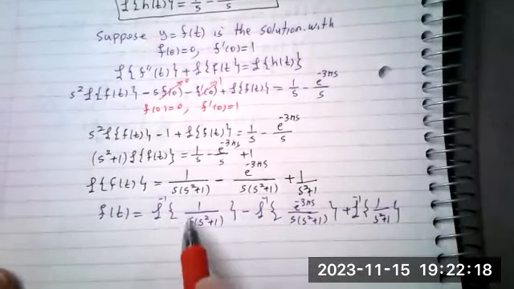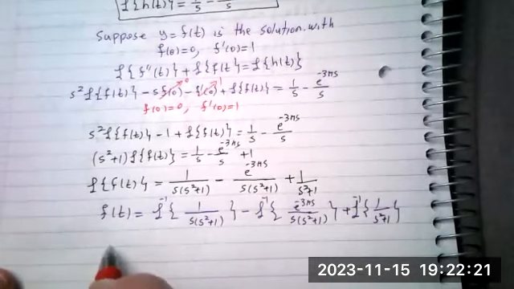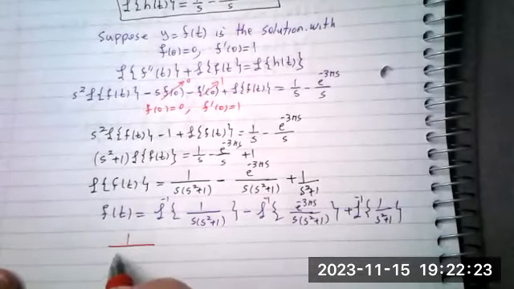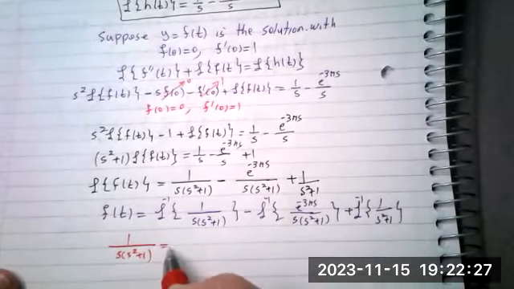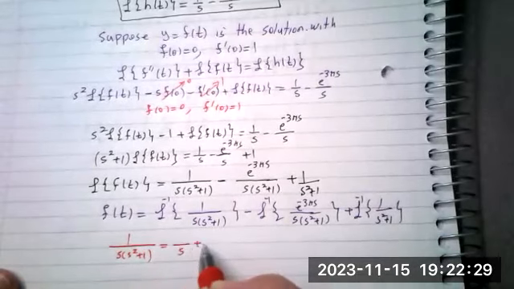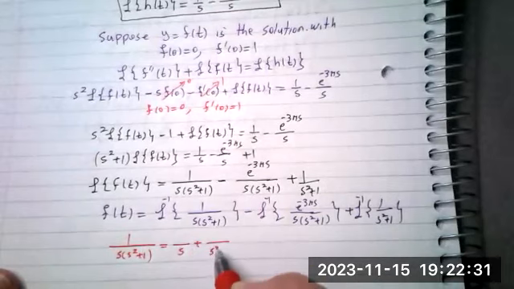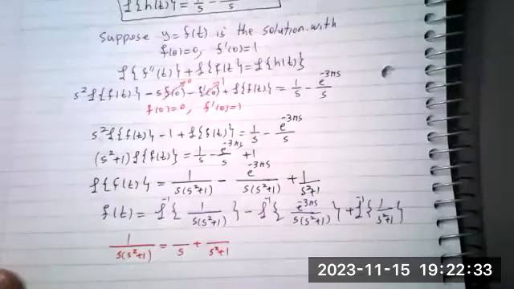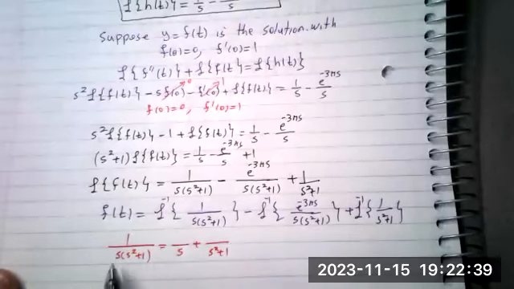So let's check this one. Let's do the partial fraction for this one, which is not difficult. You have the s and the s squared plus 1, and on the top is a constant. The way you create the constant, you need to take care of the s squared.